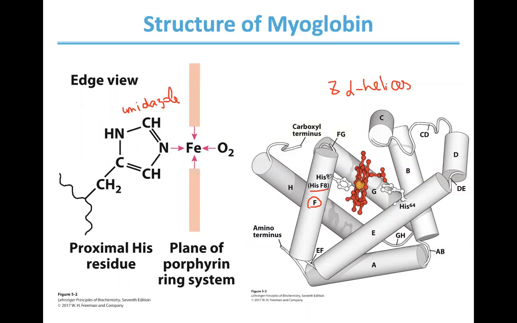Alternatively, you can label this as histidine 93, since myoglobin has 153 amino acids.